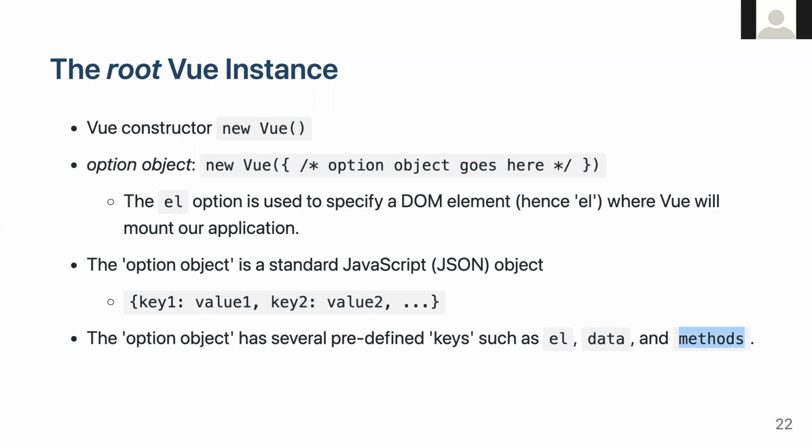So for the coursework, let's say the key is the subject, and then for the value, can you make a list there? So the price, the spaces left, and so on. We'll see some more examples later. Usually these keys are the predefined ones, because if you define your own key, for example I call a key element, you could do that, but Vue would not know what to do with it.